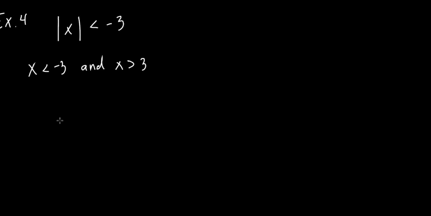So let's think about the graph right now. I want to find numbers that are both less than negative 3 and also greater than positive 3. Do they exist? Because what's your graph going to look like here? If I was to graph this, it would go like this and it would go like this, right?